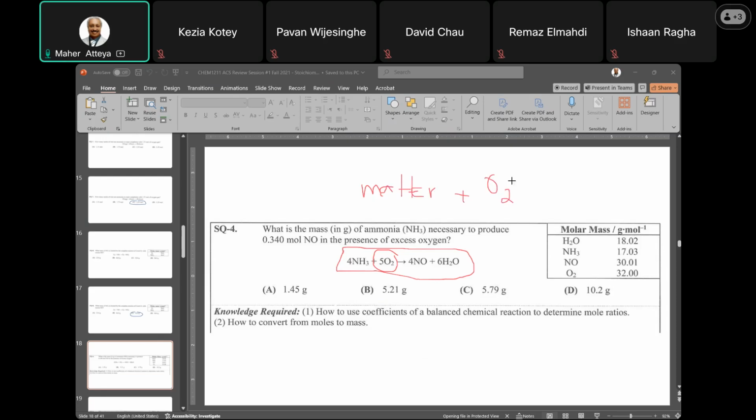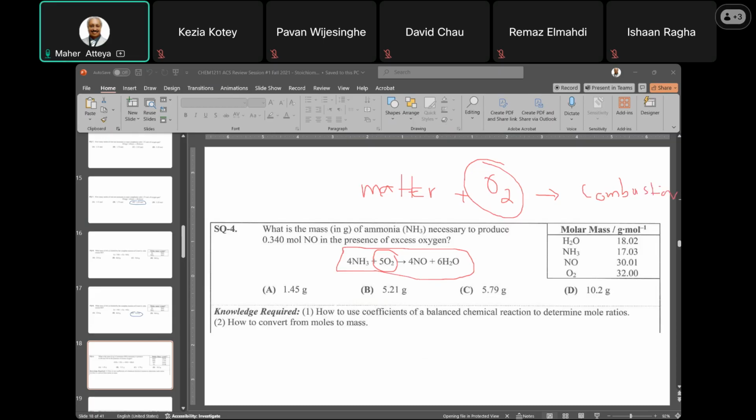If you use pure oxygen with any matter, whether ammonia, organic, or inorganic, in the end it is a combustion reaction. Not double displacement, not anything else. This is purely a combustion reaction.